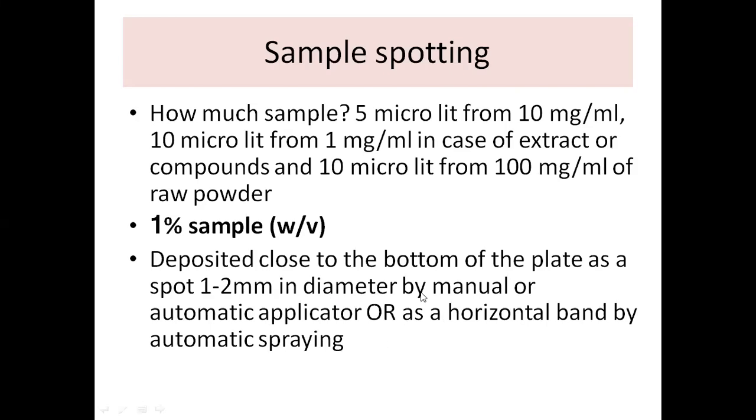Either you can put a small drop and immediately dry it with the help of a hair dryer, or there is something called an automatic applicator. Especially when you are using HPTLC, that is high performance TLC, there you have automatic applicators where a known or fixed amount of the sample can be applied automatically by that sample applicator.